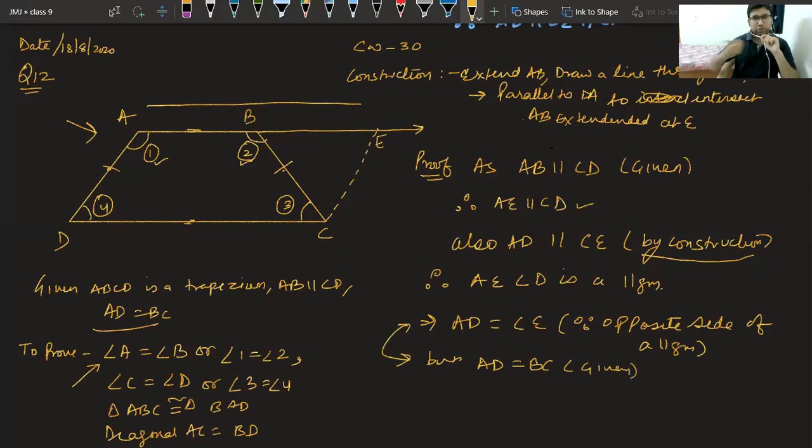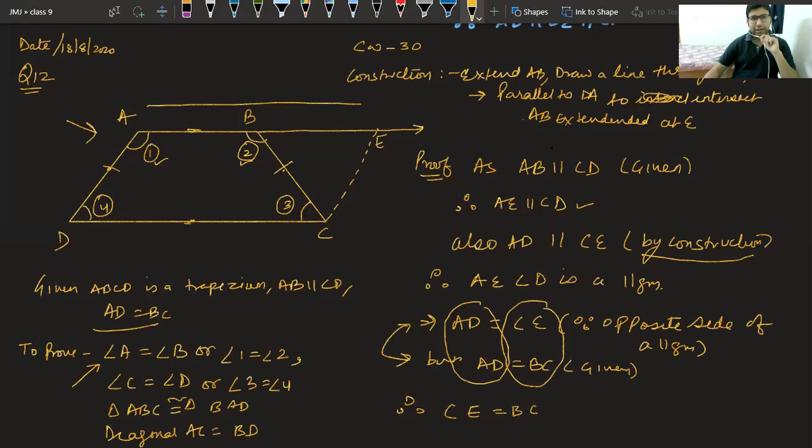If AD equal to CE because they are opposite sides of a parallelogram, and AD equal to BC because it was given to us, what can we say? We can say that BC equal to CE, because the left hand side is equal, that means the right is also equal. So therefore CE is equal to BC.